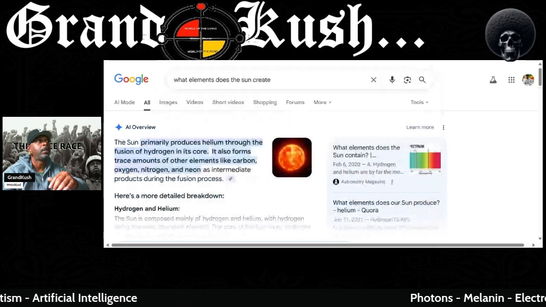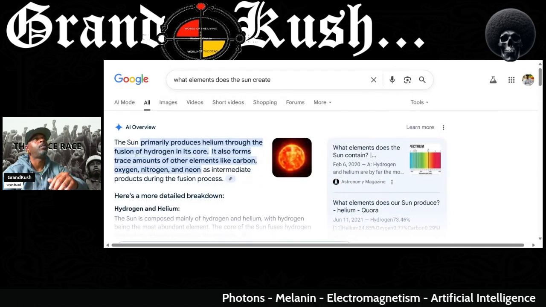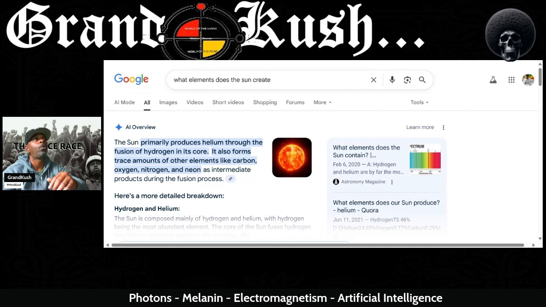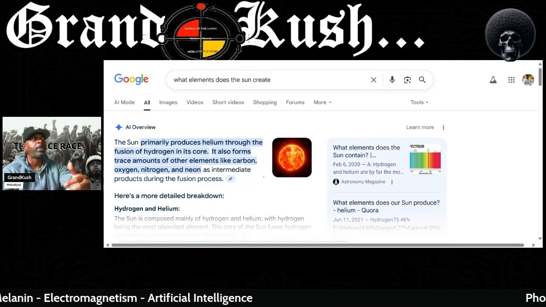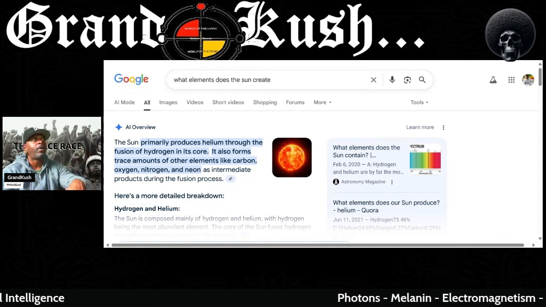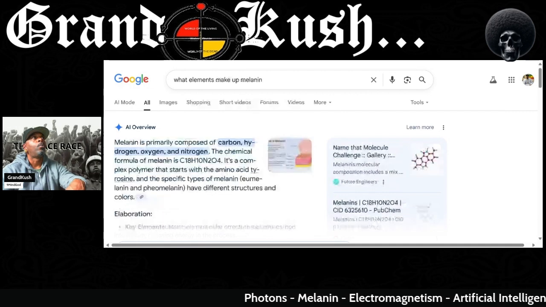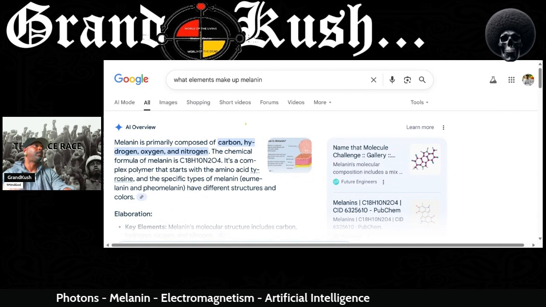Can I go back? The sun primarily produces helium through the fusion of hydrogen in its core. It also forms trace amounts of other elements like carbon, oxygen, nitrogen. Hydrogen is already in there. What is melanin primarily composed of? Carbon, hydrogen, oxygen, and nitrogen.